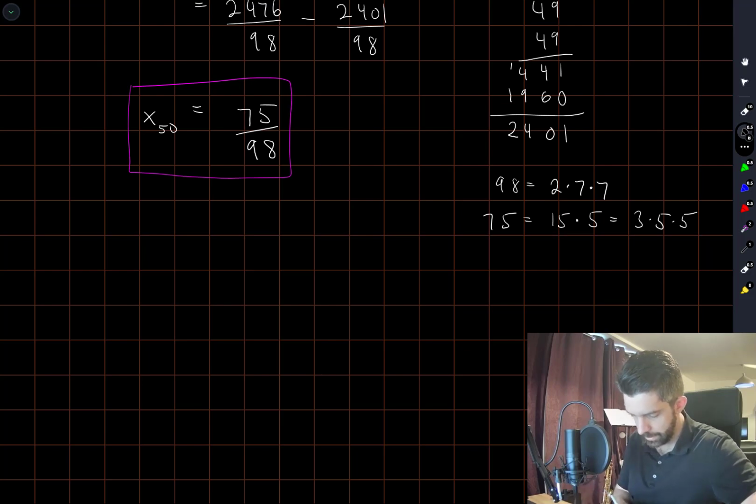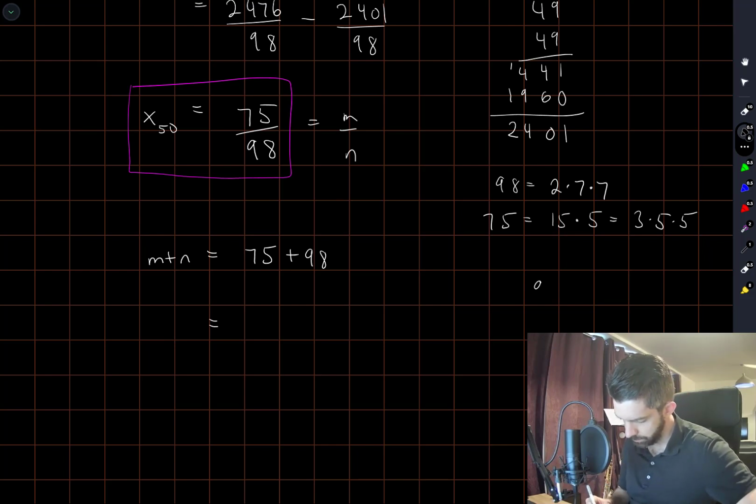Okay, so, right, this is equal to m over n. So m plus n is 75 plus 98, which is, I'm a little tired. Let's just not take any risks and do this in full.